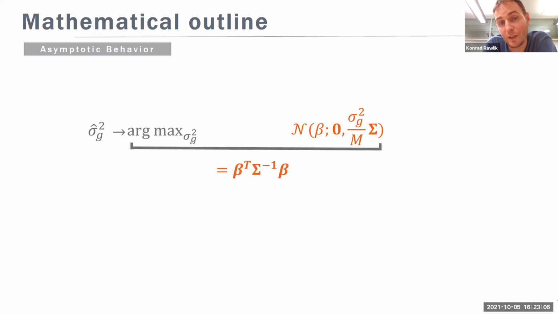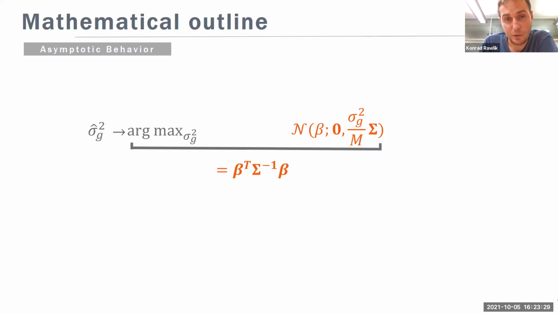It's essentially the betas times the inverse of the prior covariance of the SNP effects times the betas. So this tells us that asymptotically, our choice of sigma determines, in a sense, the expression of the estimate.